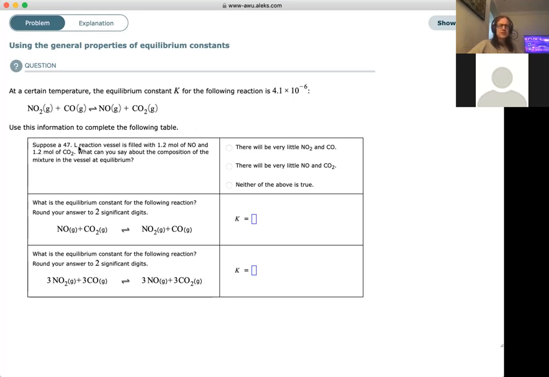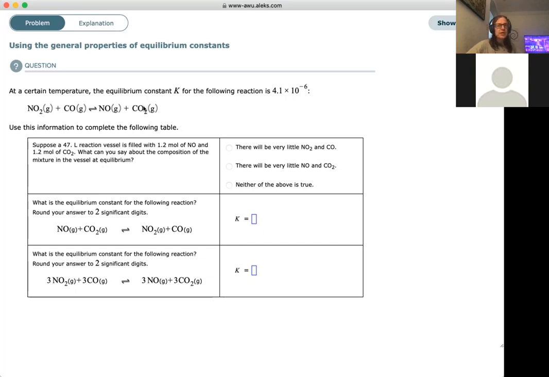Suppose that a 47 liter reaction vessel is filled with 1.2 moles of NO and 1.2 moles of CO2. What can you say about the composition of the mixture in the vessel at equilibrium? So what they're saying is they're initially putting in this 47 liter container. It's a pretty big, good sized container. They're putting in 1.2 moles of NO and they're putting in 1.2 moles of CO. What can you say about equilibrium?